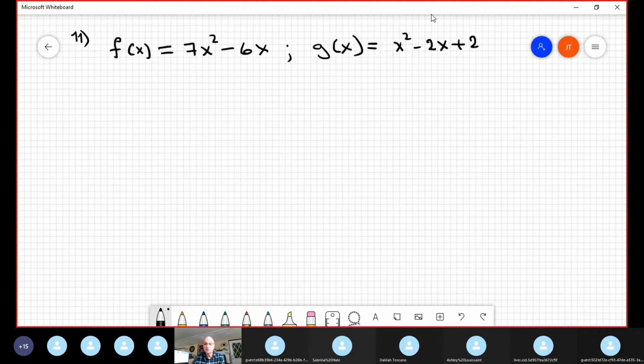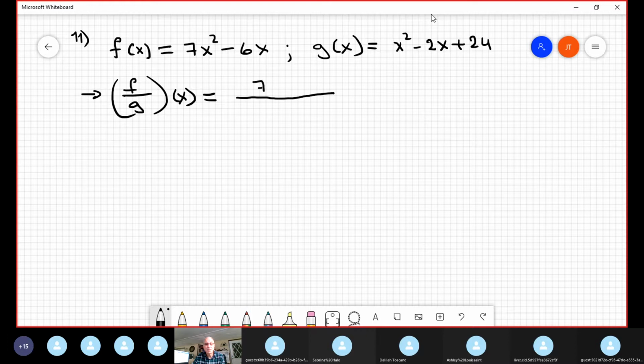They ask two different questions. The first is to find the expression f divided by g. This is easy because it's only set up like that: f on the top and g on the bottom. This is the easy part.